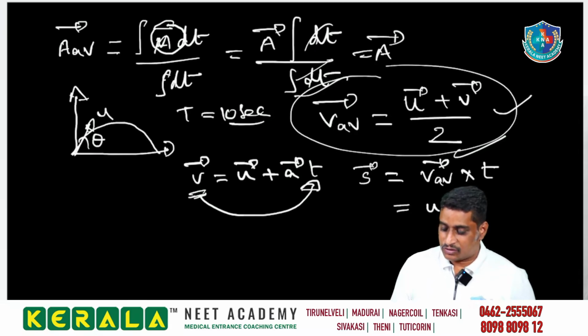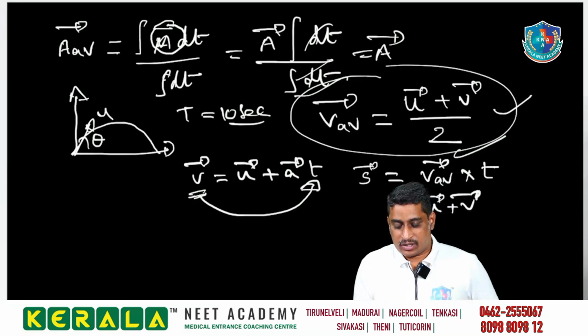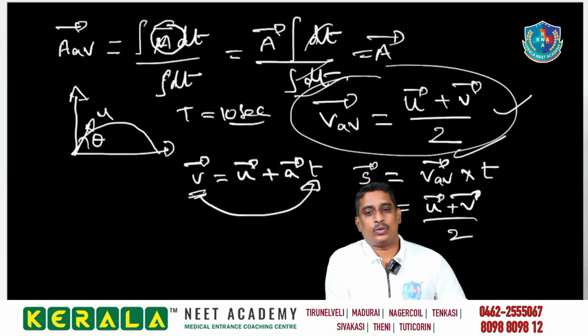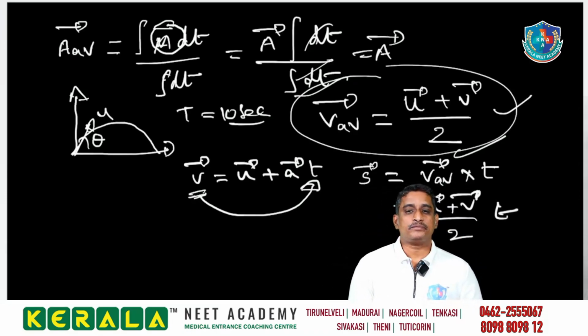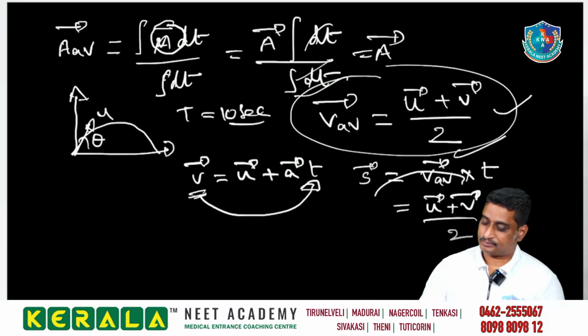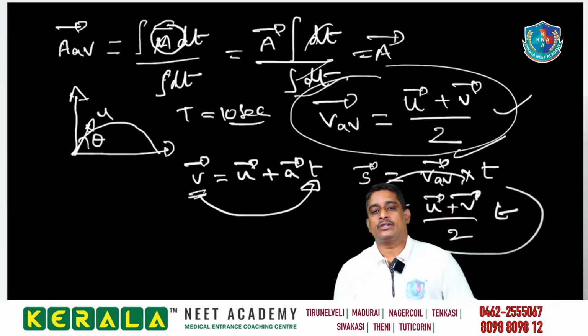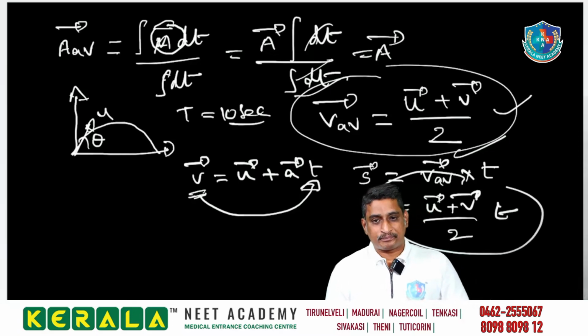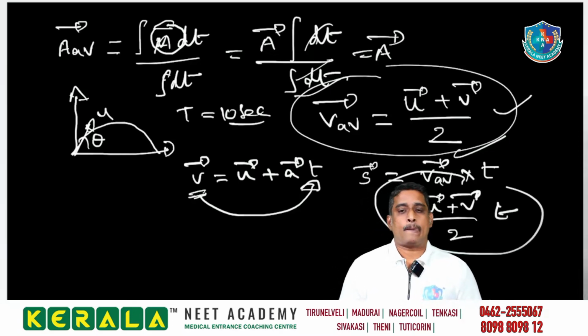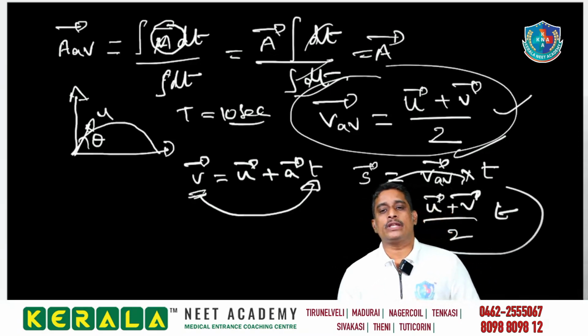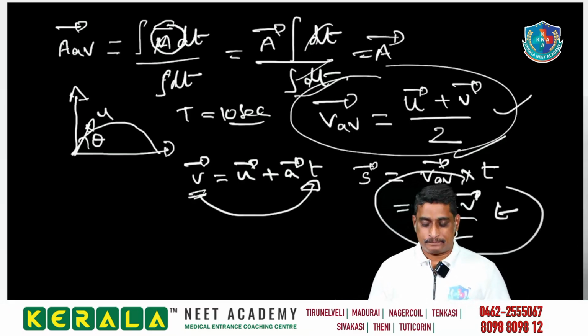So, average velocity is nothing but u bar plus v bar divided by 2, into t. This equation you can use for calculation of average velocity. Okay, now come to the next point.